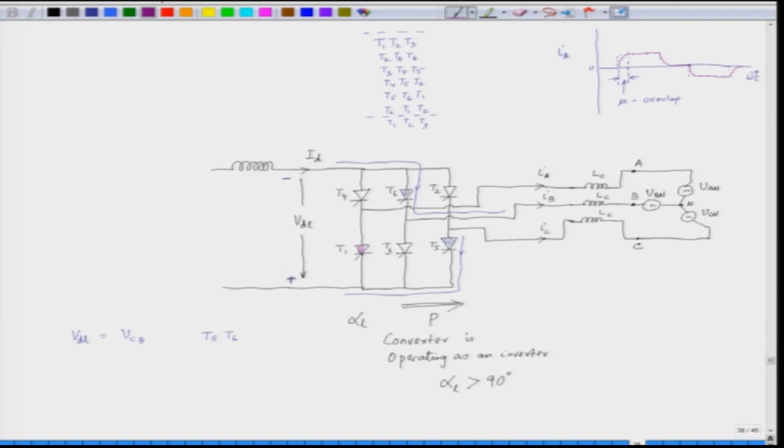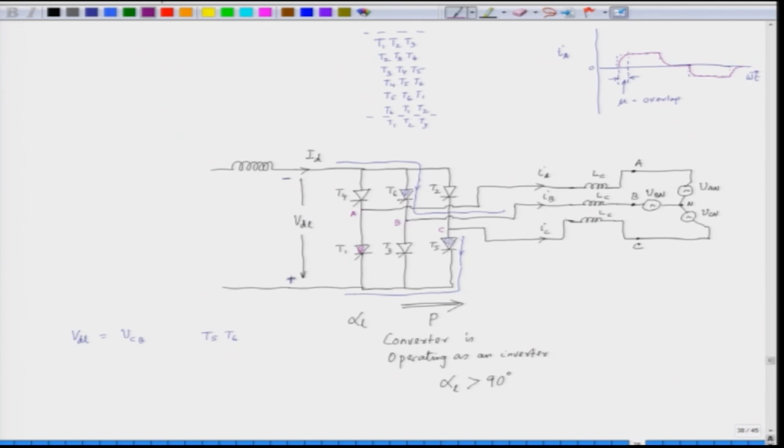It means VAC has to be positive. This is the point A, this is B and this is C, if we ignore the drop here approximately. So, VAC has to be positive. So, the SCR T1 is forward biased and T5 will be gradually reverse biased.